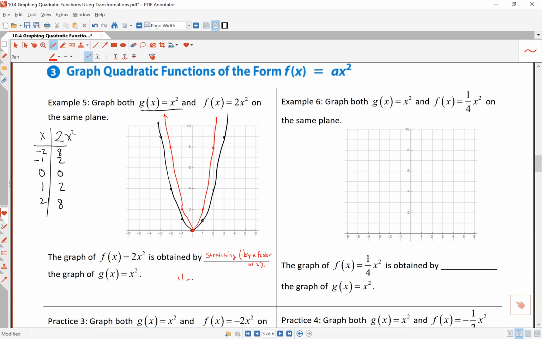I like to say it makes it go steeper. Whereas if you put a 1/4 in front of the x squared, it's going to make the graph go wider.